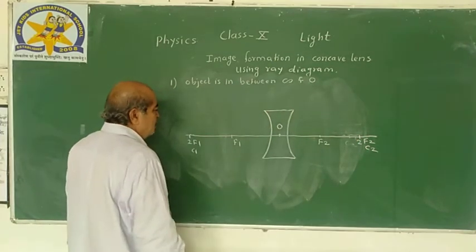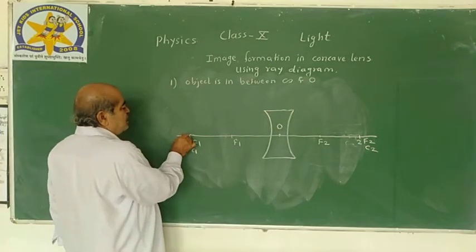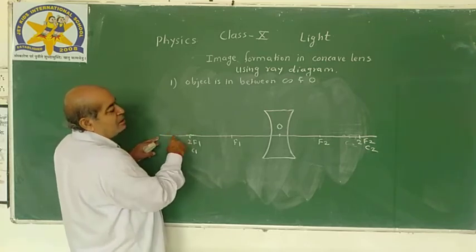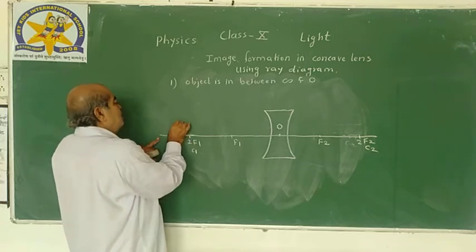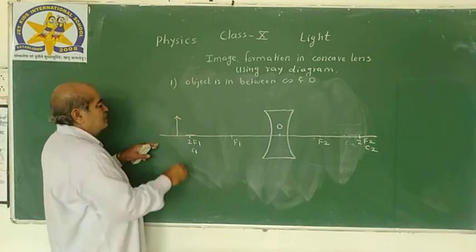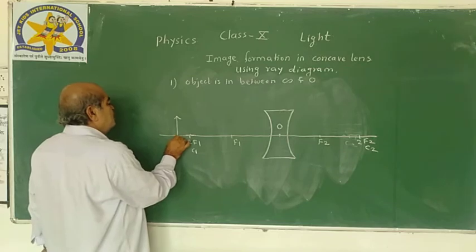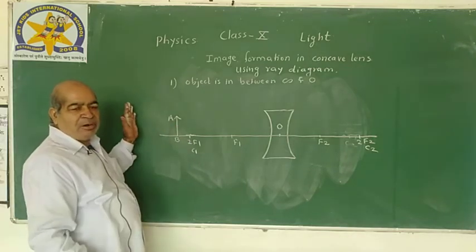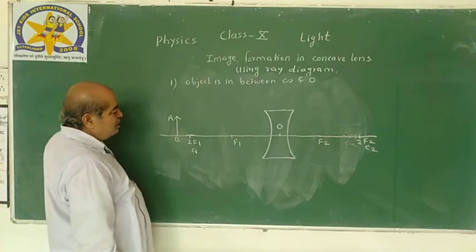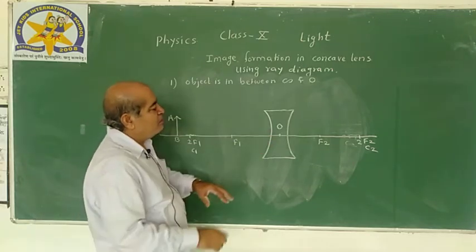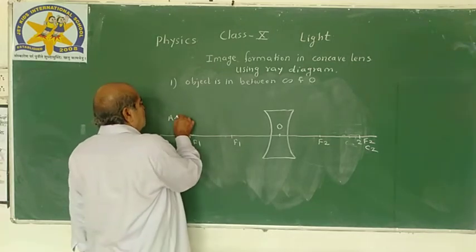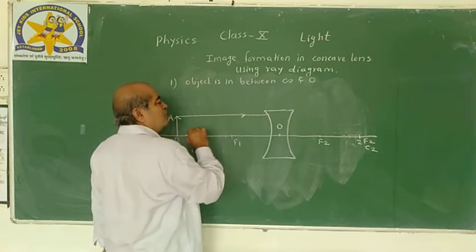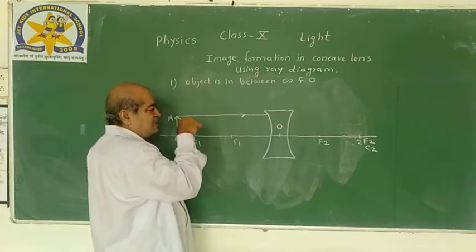So when the object is in between infinity and the optical center, in this case this is the object, and whatever may be the position of the object between infinity and the optical center, this is the ray of light parallel to the principal axis.